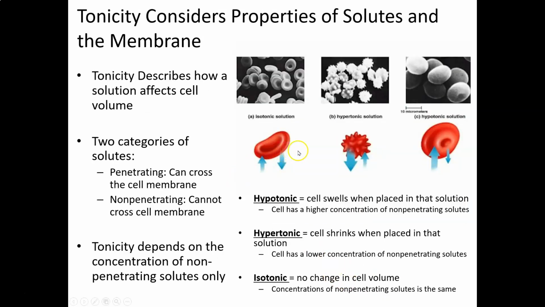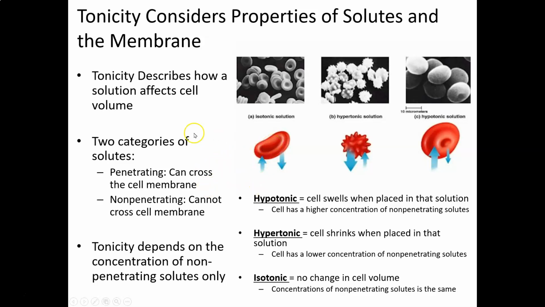Now, when we look at osmolarity in the human body, we often describe it with tonicity. Right? And tonicity will look at things that can move across the cell membrane and bring water with it.